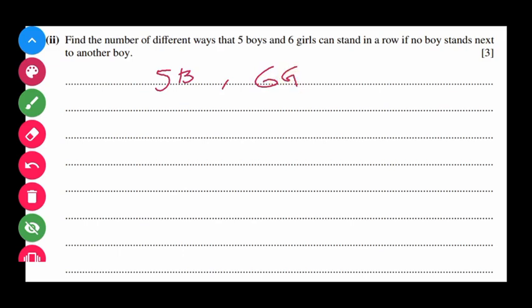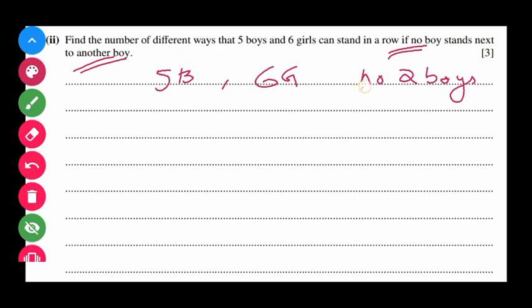If no boys stand next to another boy. See, this same topic we discussed in our previous classes, but in the way of no two boys. We discussed the topic no two boys, or no two vowels, no two consonants. Just recall that concept. Same thing to be done here also.